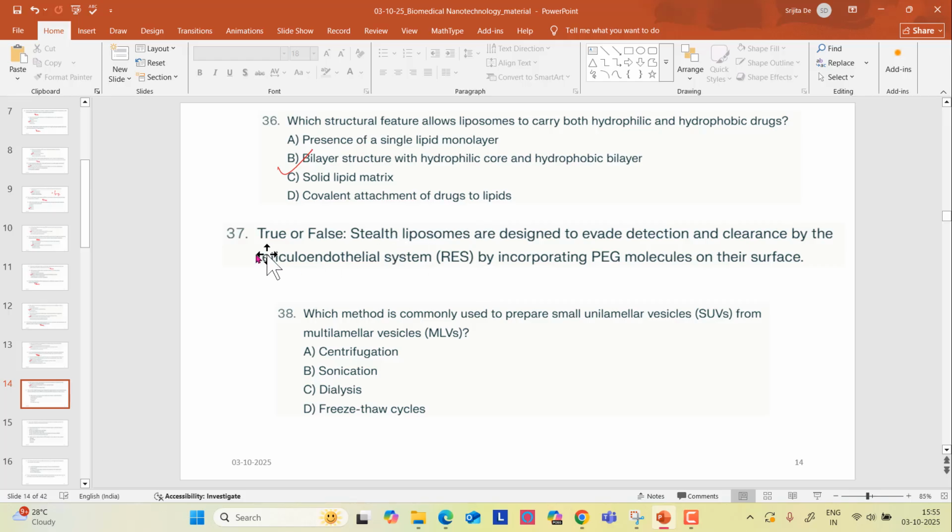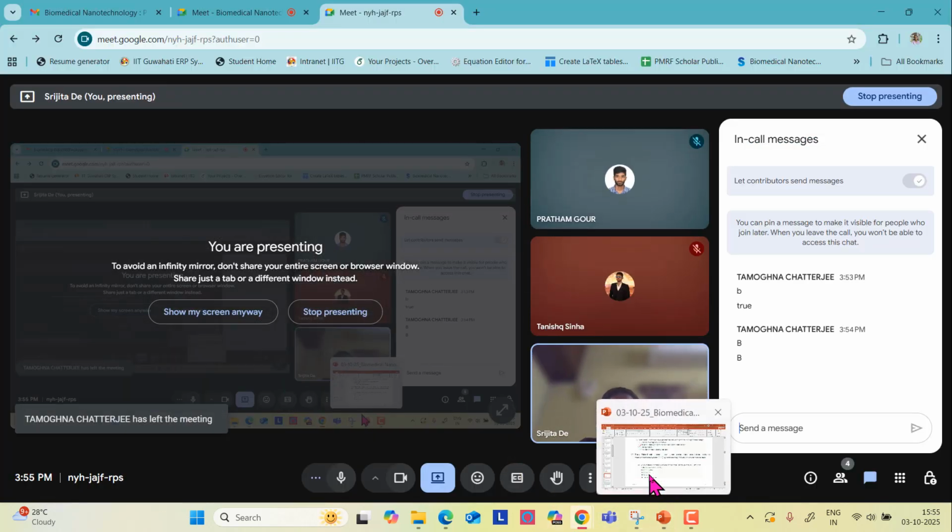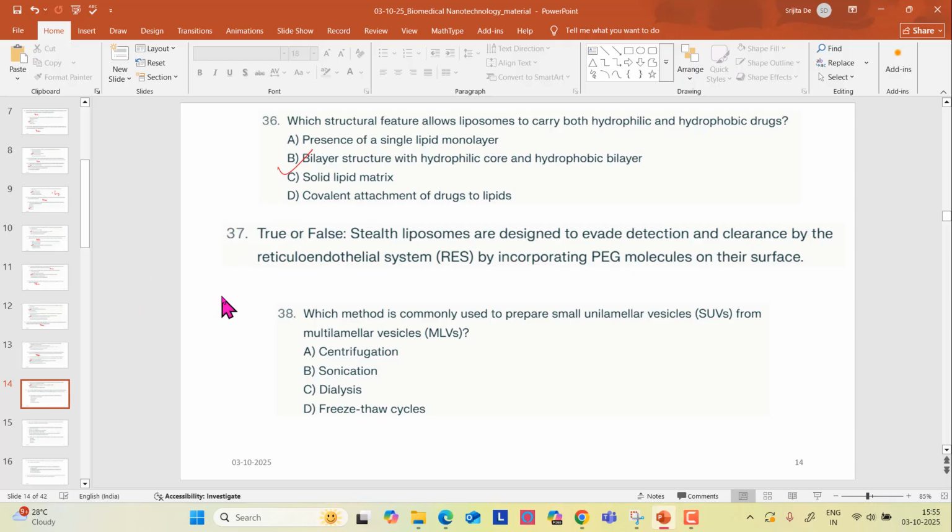Next is, stealth liposomes are designed to evade detection and clearance by the RES by incorporating PEG molecules on their surface.